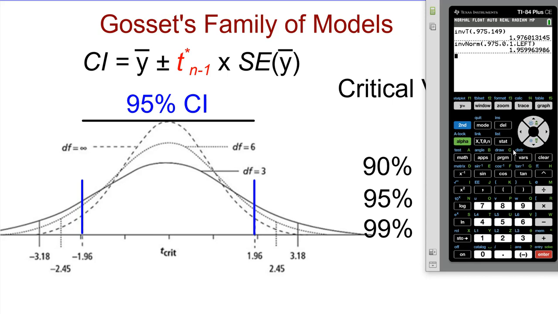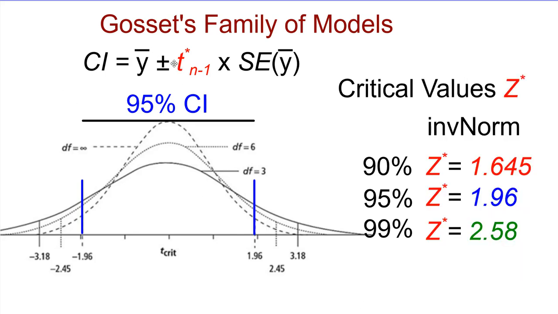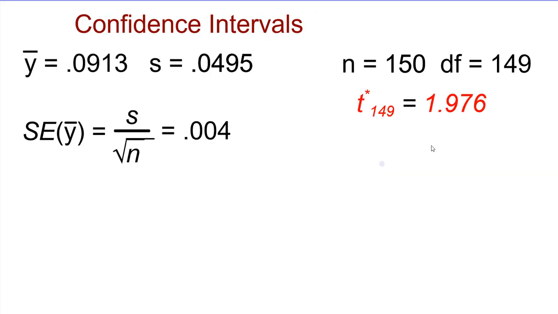So notice it is only slightly larger, and again, that's because we're sampling with means instead of proportions, and we have to correct for the fact that the samples' standard deviations were calculated based on their own average, the sample average, instead of the population average. So there's more variation that needs to be accounted for, so we go a little bit wider. All right, so that's how we get the T star, which is the critical value based on our sample size, our degrees of freedom.